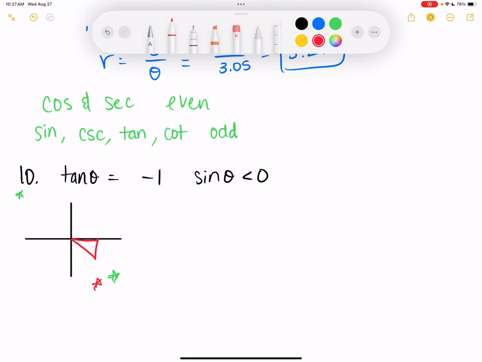But I've already determined that the y value has to be negative, so this is a -1 here. Since it's 1, it has to also be 1 here on the x value. And then I need my hypotenuse value, which you can either get with the Pythagorean theorem, or recognize this as a special triangle, 45, 45, 90, and so it would be 1, 1, root 2.